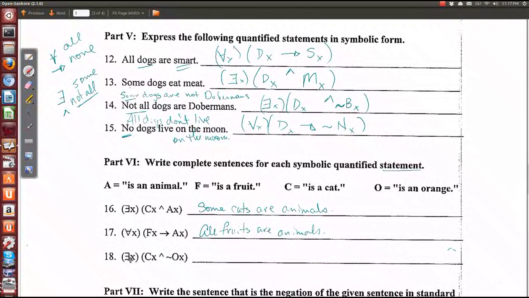On problem 18, I see some cats are not orange. Or I could say not all cats are orange.